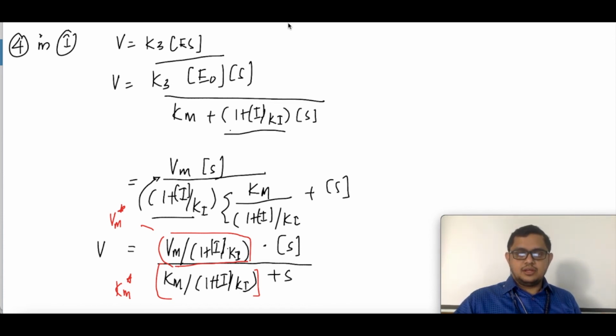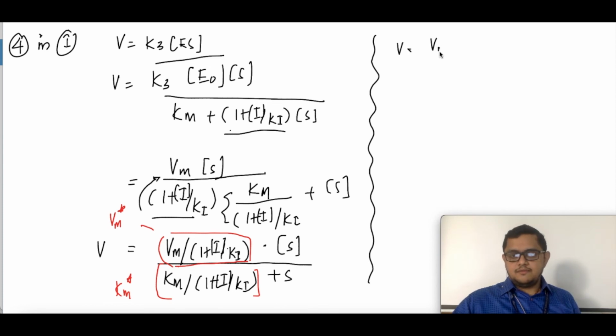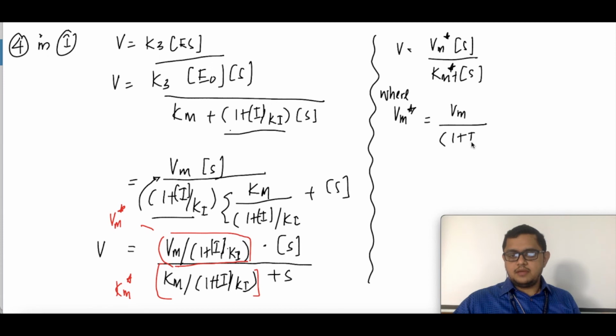So if I am substituting like that, you will get V is equal to Vm star S divided by Km star plus S, whereas Vm star is Vm divided by 1 plus I by Ki, and Km star is equal to Km divided by 1 plus I by Ki.